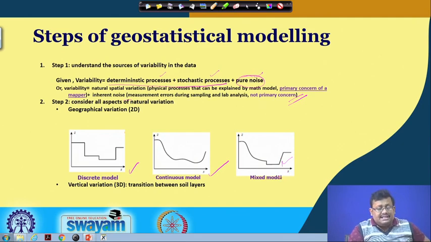And obviously, there is another type of variation called vertical variation, which can be seen in terms of transition between soil layers. If you remember, the soil consists of several layers, or a soil profile. This soil profile consists of several horizons, and the transition between horizons, each horizon, can be described in terms of vertical variation.